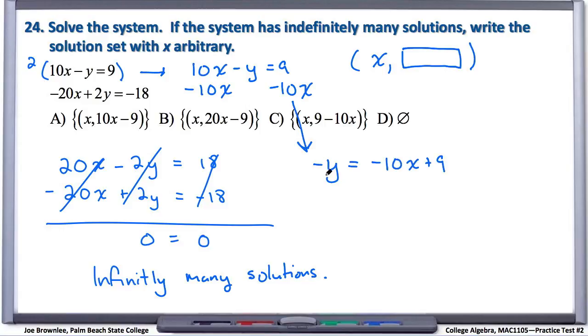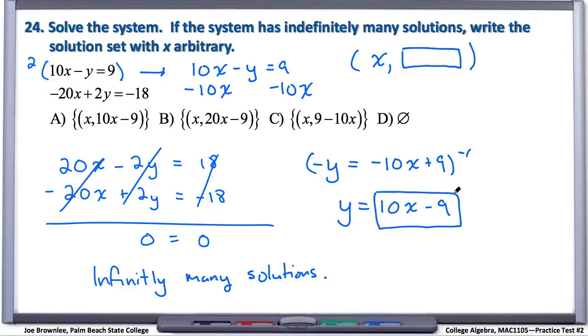And we don't want negative y, we want positive y, so we can multiply this whole equation by negative 1. That'll leave us with y equals 10x minus 9. All right, so we've now solved for y. So once we have the x value, we're going to let x remain as the variable x. The corresponding y is going to be the expression that we got when we solved for y from one of the two equations that we started with. So we're going to have 10x minus 9.